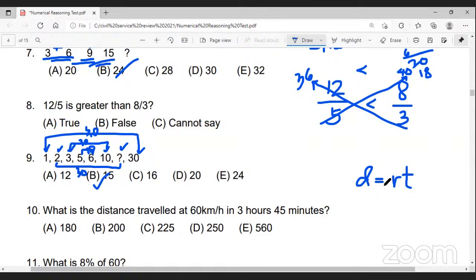So distance is equal to rate times time. Apply this formula to the problem using the substitution method. Thus, identify what is the distance in the problem, what's the rate, and the time.